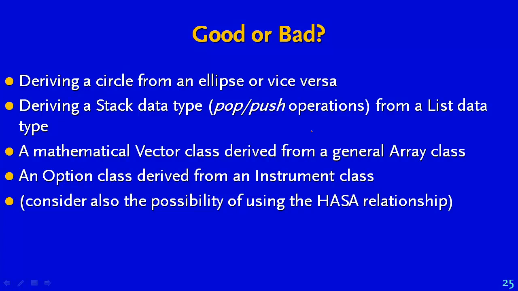Do I create a stack class derived from a list class or not? A mathematical vector, with operations like plus and minus and inner product, derived from a general array class, which can be an array of anything. Is that a good idea?